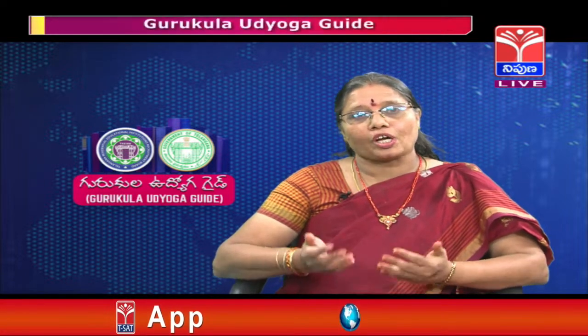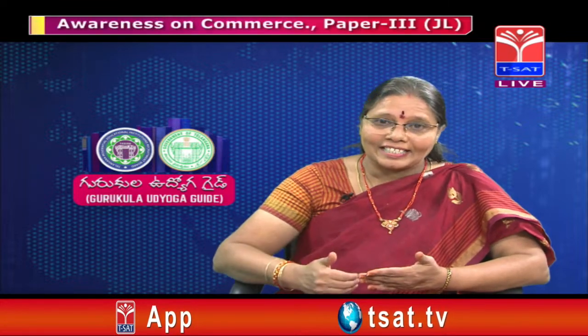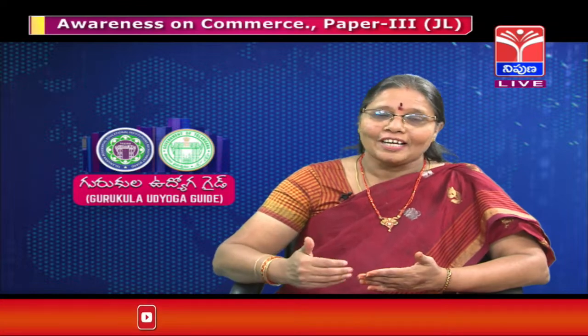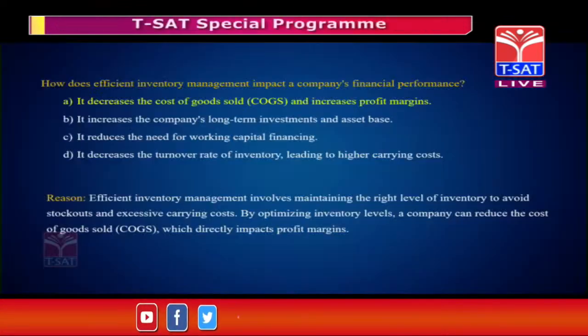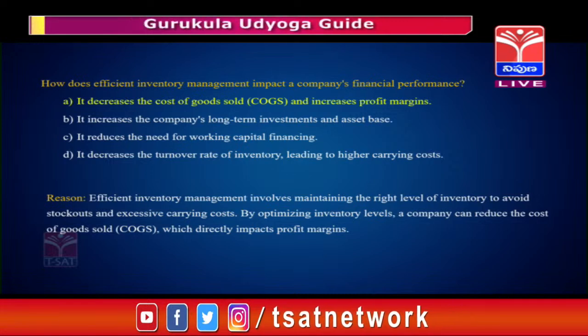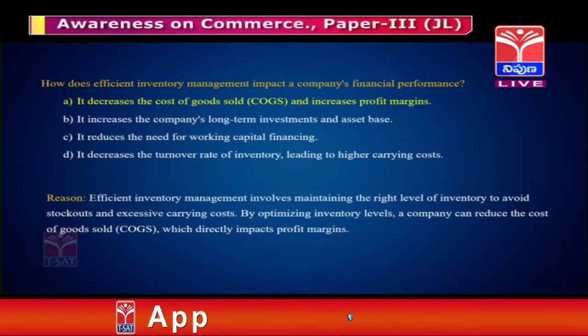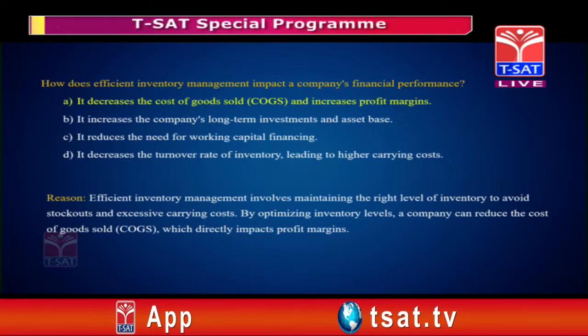You should not stock more, and in the same way, you should not stock less, because if you stock less, you may miss out on orders. If you stock more and you don't have demand, then naturally that would be a burden, and our cost would increase. So efficient inventory management is about optimizing the inventory.